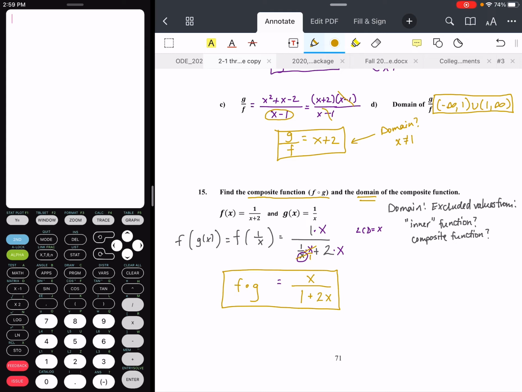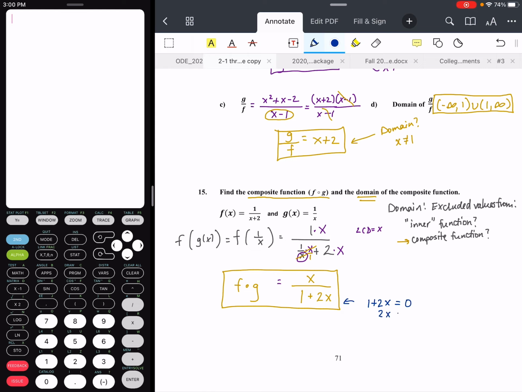Fantastic. Now when it comes to my domain, I do want to exclude any values, just looking at the composite function, right? So let's look at the actual composite function. So for this f of g function that I just came up with, if I look at my denominator, it says 1 plus 2x, and I know that that denominator can't equal 0, right? So wherever it does equal 0, I want to exclude those x values.